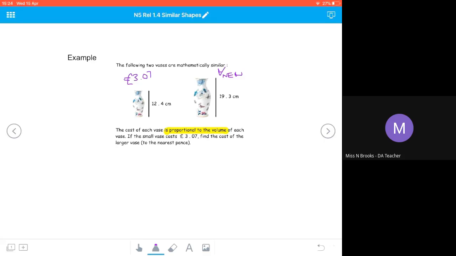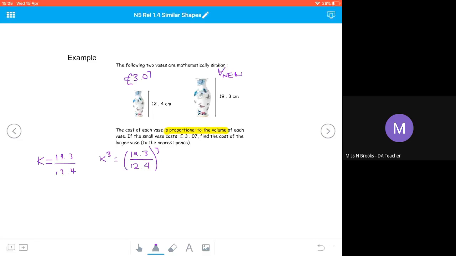So we're going to have it big over small for our K value. So K is going to be 19.3 over 12.4. Now K cubed is going to be 19.3 over 12.4 cubed. Now, when you put that into your calculator, it changes it into a decimal.